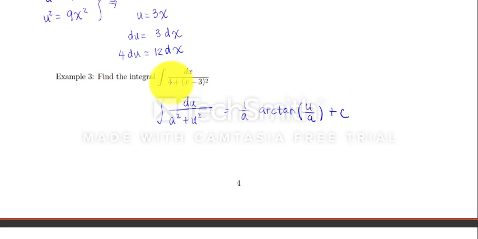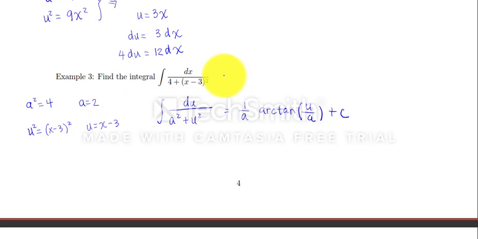So we compare term by term. We have 4 and a squared. So obviously a squared equals 4. So a equals 2. Our u squared is the expression behind the plus sign. So it's x minus 3 squared. Then our u is just x minus 3.